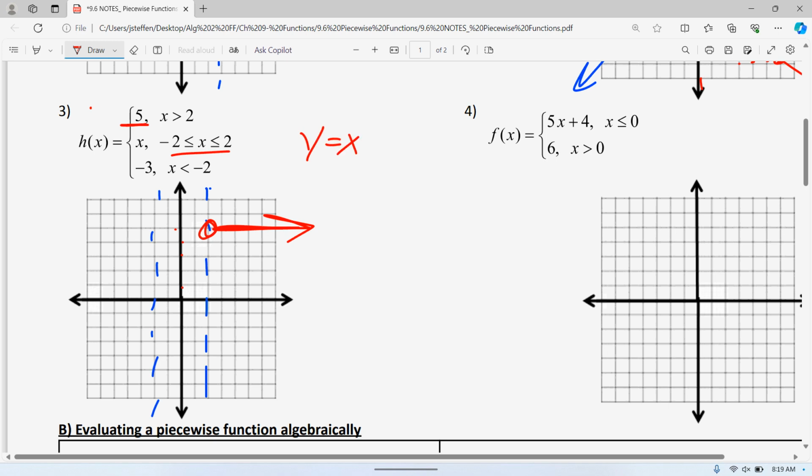Hopefully you have that memorized, but if not, it's slope-intercept form. The y-intercept is 0. My slope is up 1 over 1. They're both filled in where they start and stop, they're both solid because they both have equal. And the last one is everything to the left of that -2, and that is -3, so that is right here, and it is open.